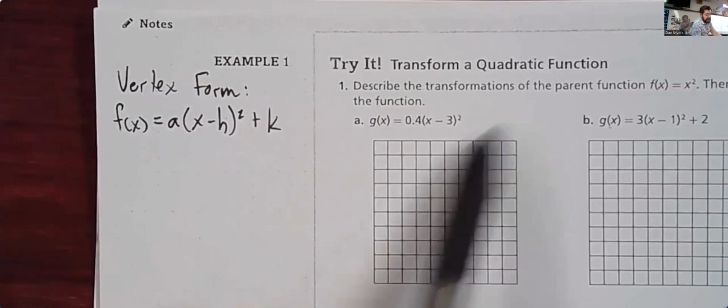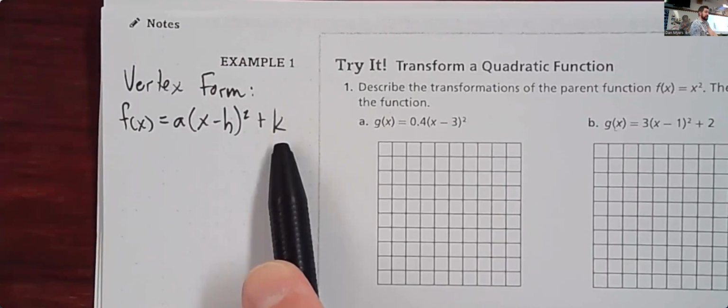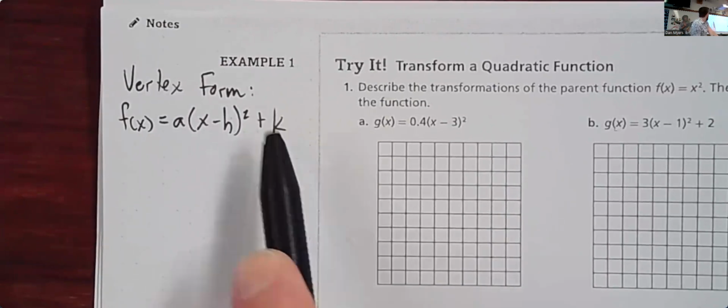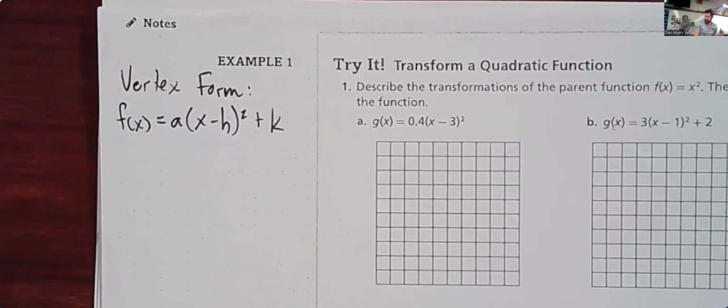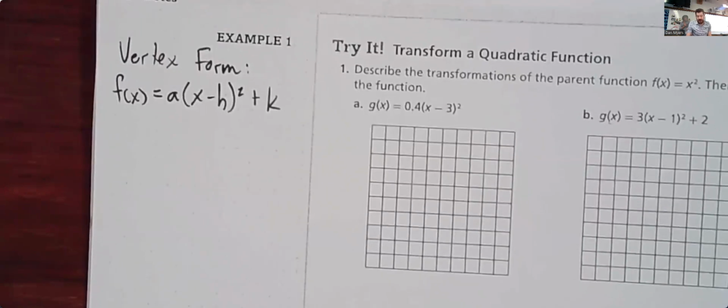If we have a value of h, that's moving left or right. If we have a value of k, that's moving up or down. We saw that in chapter 1 as well. The other thing that we need to mention here, though, is specifically the actual values of h and k.